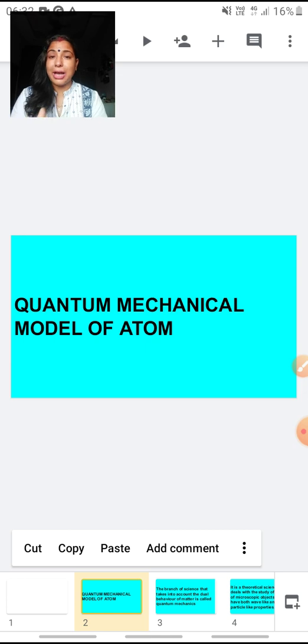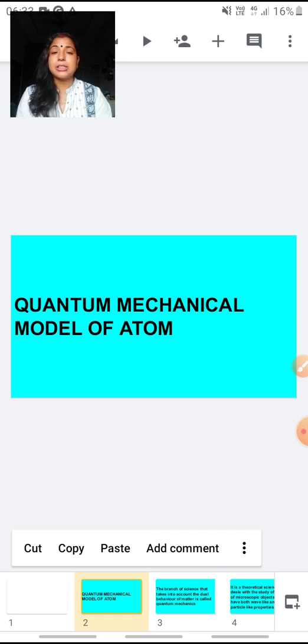As electromagnetic radiations show dual nature, that is particle-like nature and wave-like nature, similarly all matter particles in motion also exhibit dual nature, that is wave nature and particle nature. Today we'll be studying the quantum mechanical model.